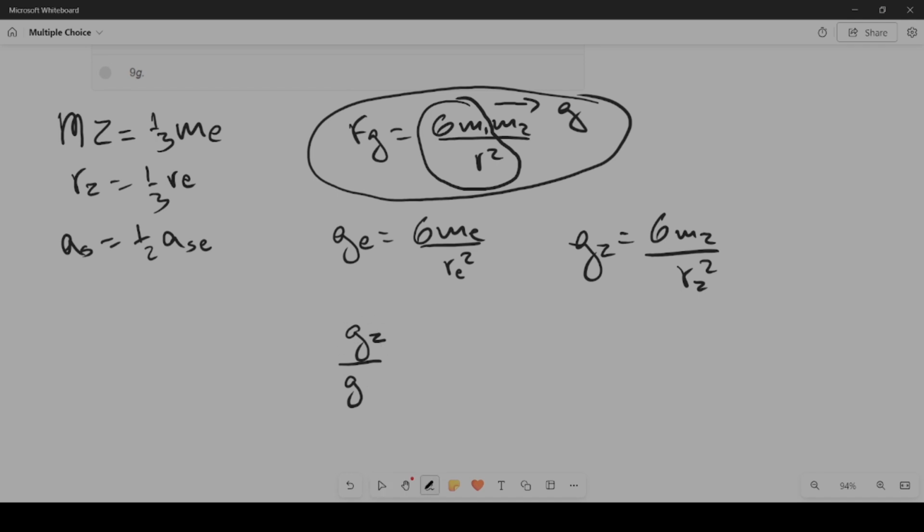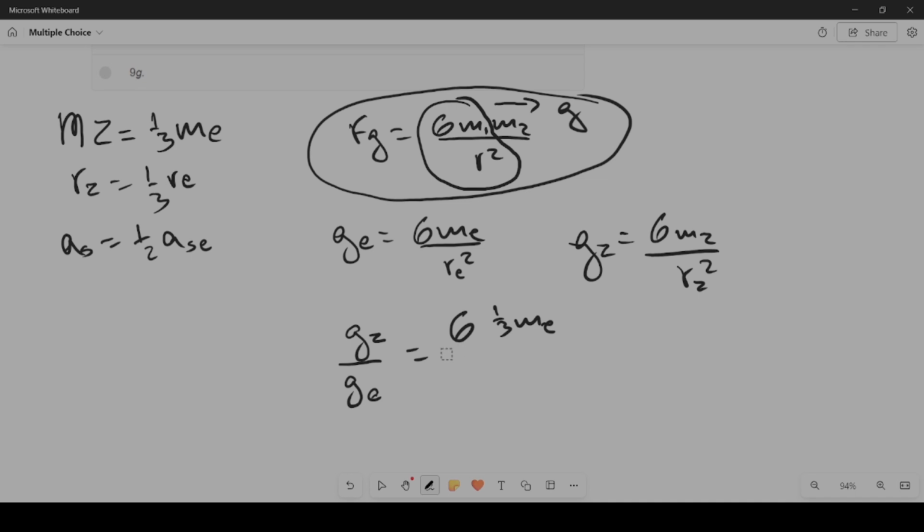You'll see why. Equals, and now it's just plugging in the equations. G mass, so the one in the numerator is the mass of Z, and the mass of Z is 1/3 the mass of the Earth. So I'm just going to put 1/3 mass of the Earth.